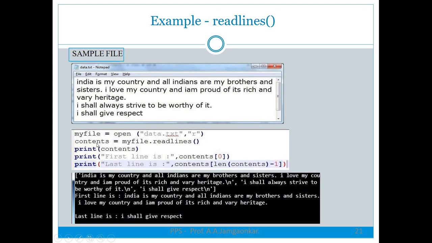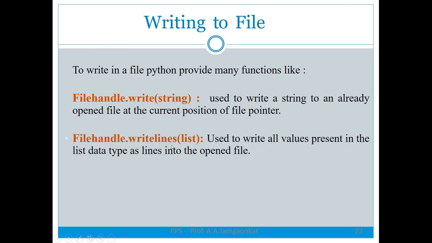Content is a variable of type list. Then we print this content, and it will show the square brackets, which mean list values. One line will be treated as one value of the list, and the next line as the next value. So the readlines method will return a list data type value.